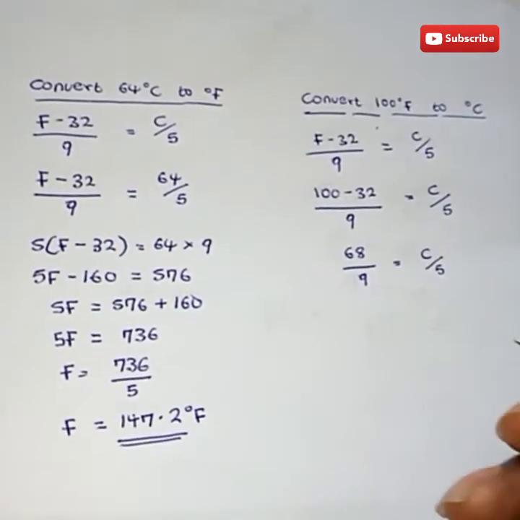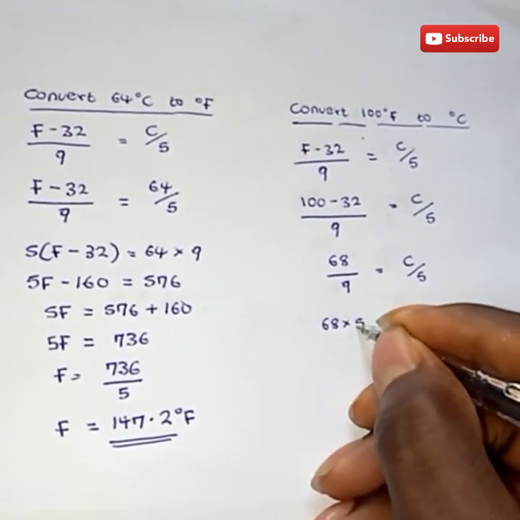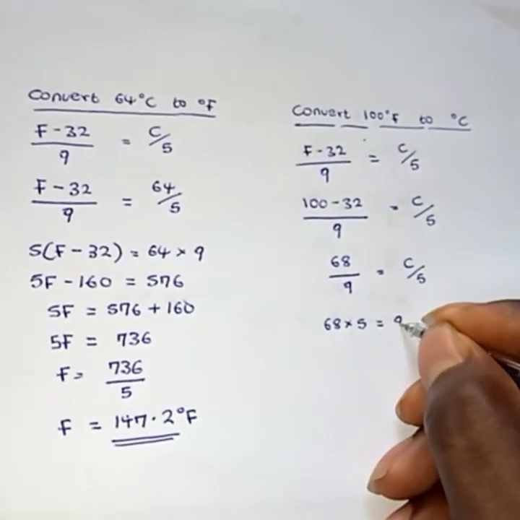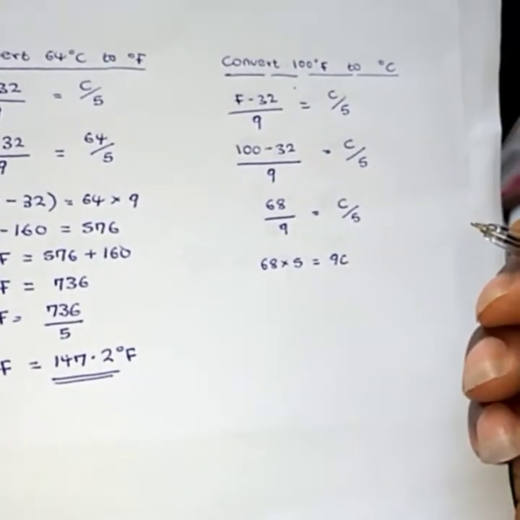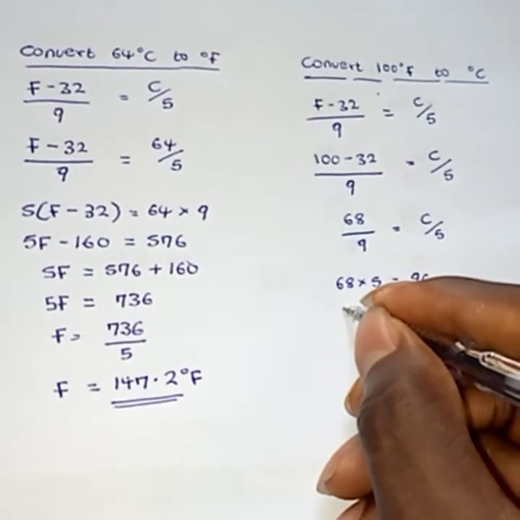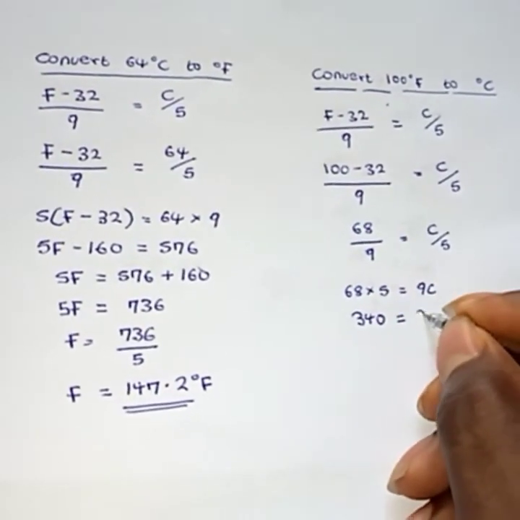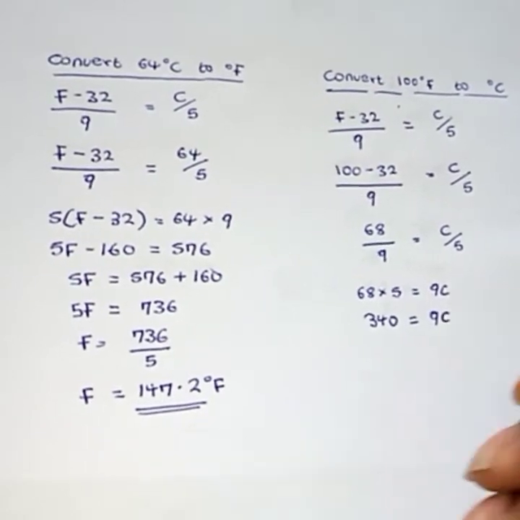So we cross multiply. 68 times 5 equals 9C. So 68 times 5 is 340, equal to 9C.